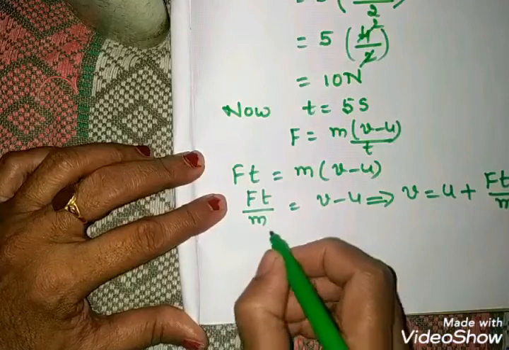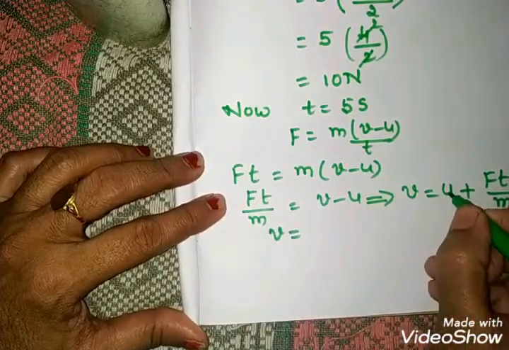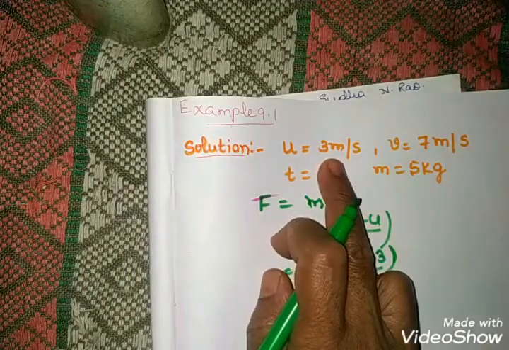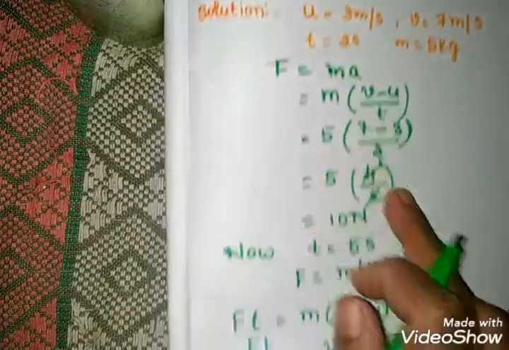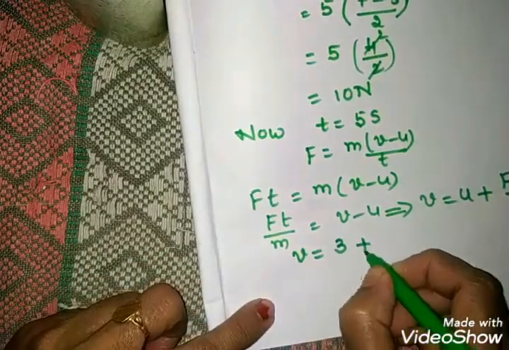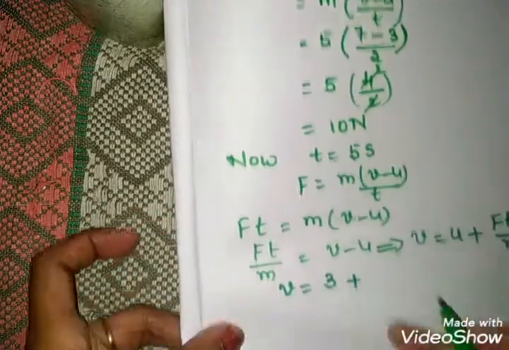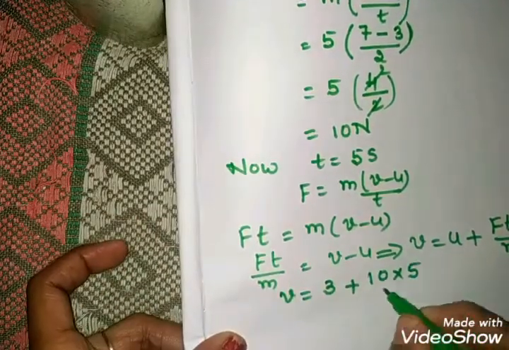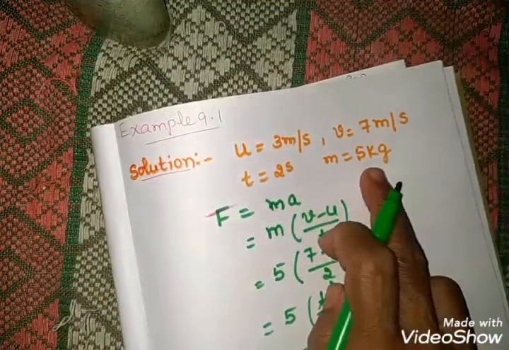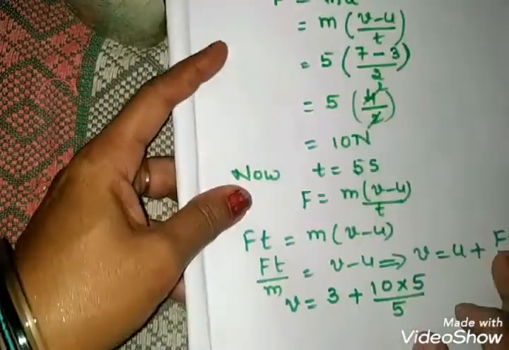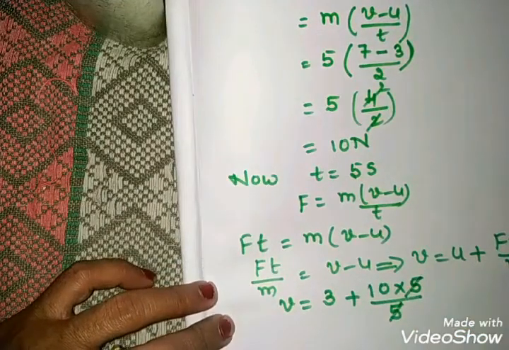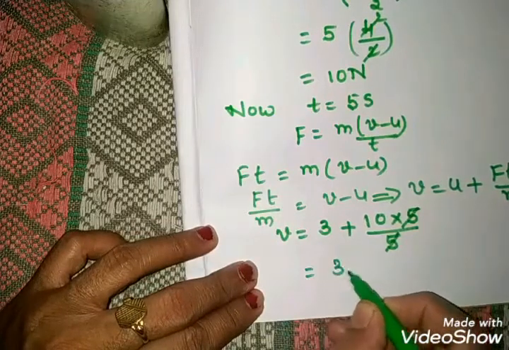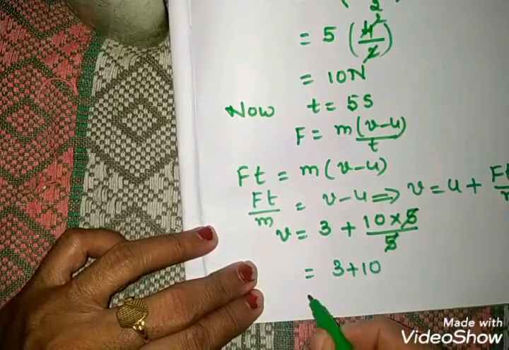Now, let us substitute the values. u is equal to how much? 3 meter per second, which we wrote in the earlier section. So u is 3. F we got just now, that is 10. t is changed to 5 seconds. Divided by m, which is 5 kg, the object's mass. So here we can cancel this, right? 5 cancelled. So 3 plus 10 remaining, correct, children?